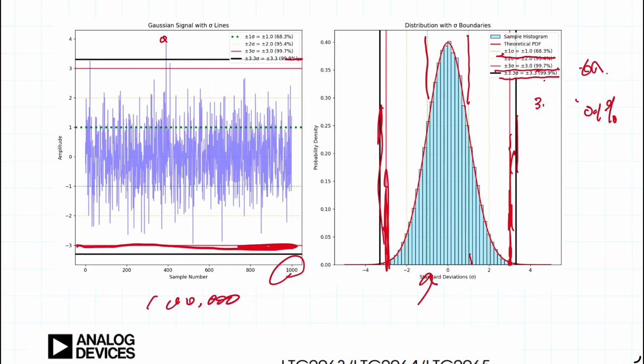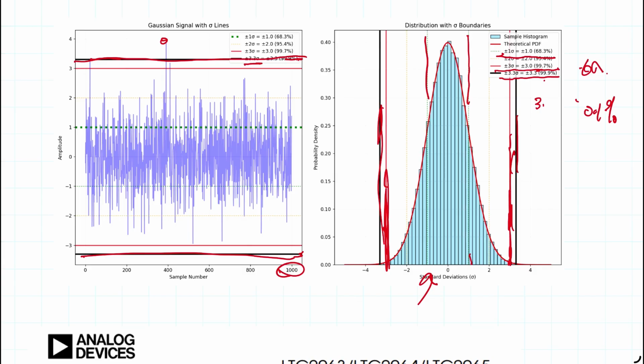Okay, let's clean up here and look at this 1,000 samples example. The 3.3 sigma is this black line. If we know these black lines, we can see it's pretty much a good representation of the peak-to-peak value of this noise signal, because only one sample is outside this band.